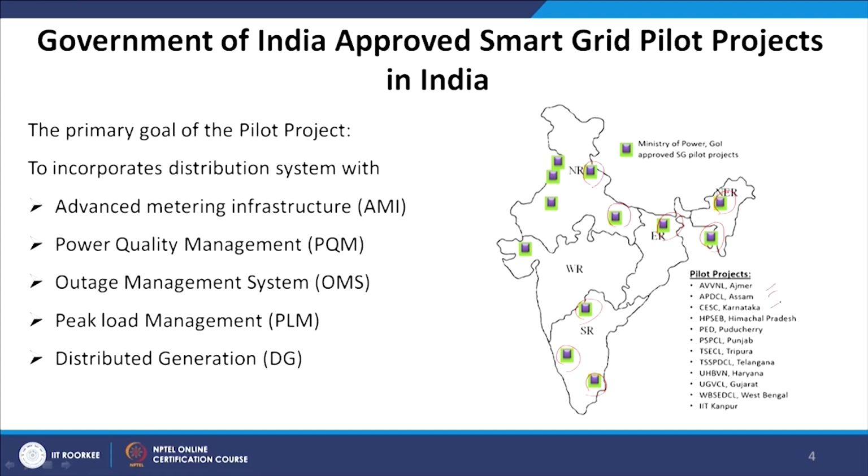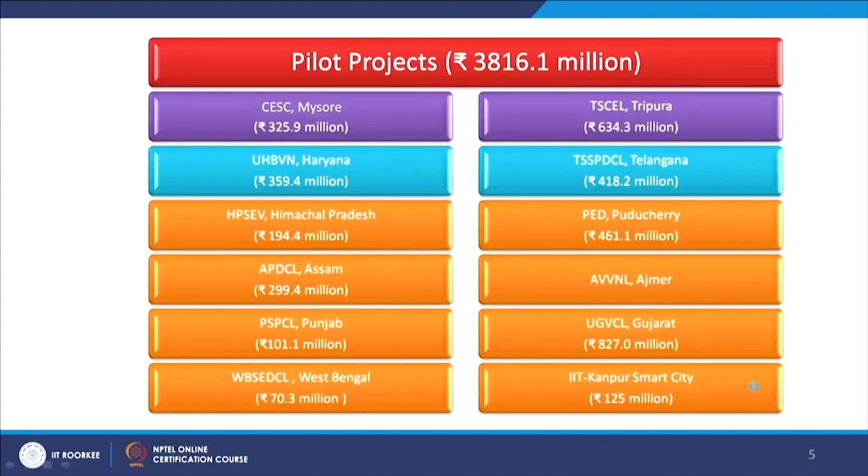So, we could see that different pilot projects in the field of smart grid are on the way at this stage. The pilot projects cost too much, like 3,816 million rupees have been spent to achieve the smart grid outlook through these pilot projects.